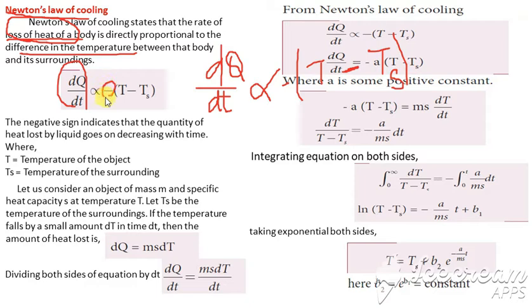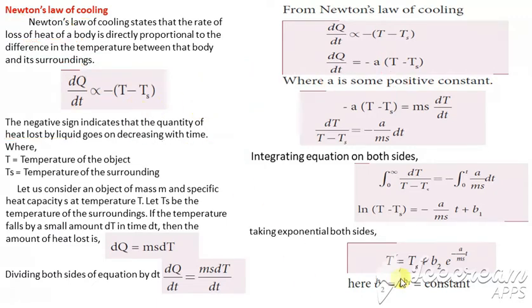Why we are writing a negative sign is because the quantity of heat is lost with the increase in time, so heat will be lost, is it not? So only we are writing with a minus sign here. The first equation is dQ divided by dt proportional to minus (T minus Ts). T is the temperature of the object and Ts is the temperature of the surroundings.